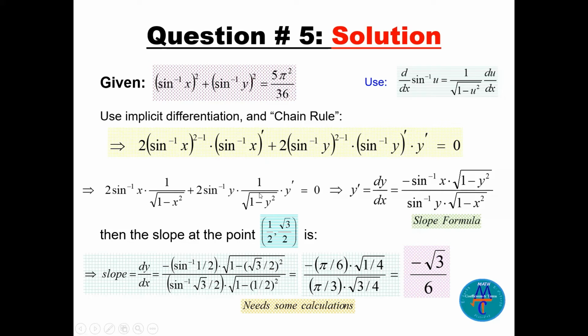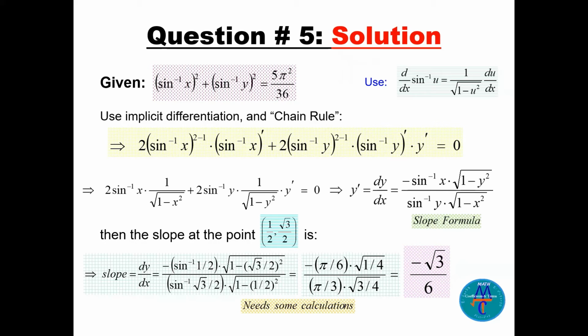Just simplify all this. 2 inverse sine of x times the derivative, which will be 1 over square root of 1 minus x squared, plus 2. This is also power 1. The derivative will be 1 over square root of 1 minus y squared times y prime. So let's solve for y prime.